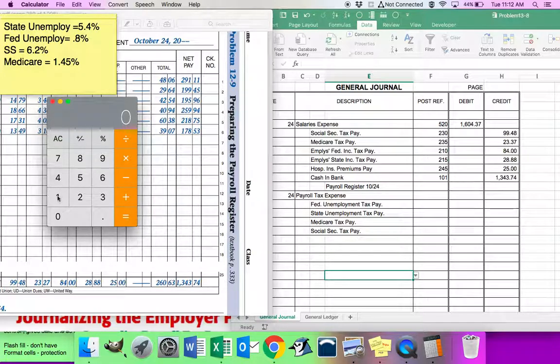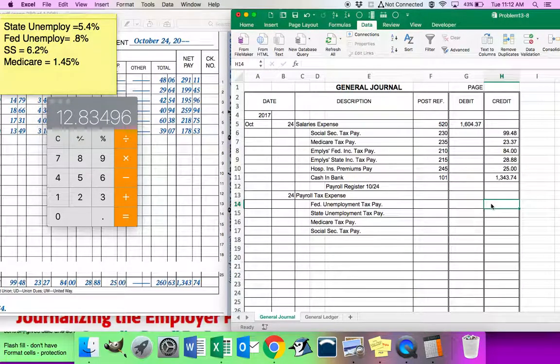Okay, helps if you hit the right buttons. Then we're going to multiply that times our 0.8%, which is 0.008. So for our federal unemployment tax, we owe $12.83.